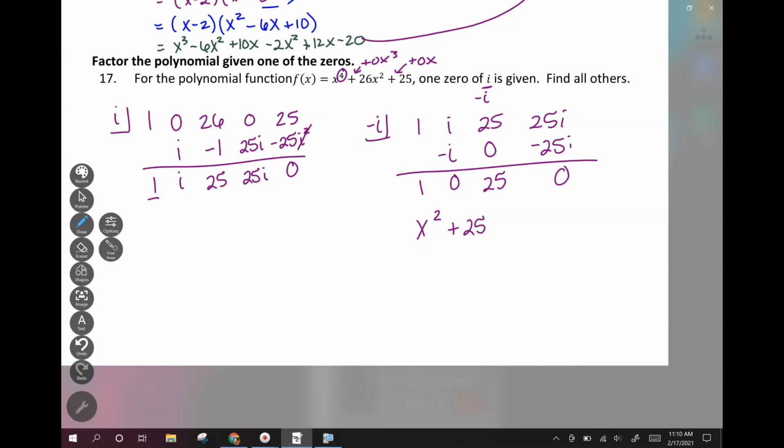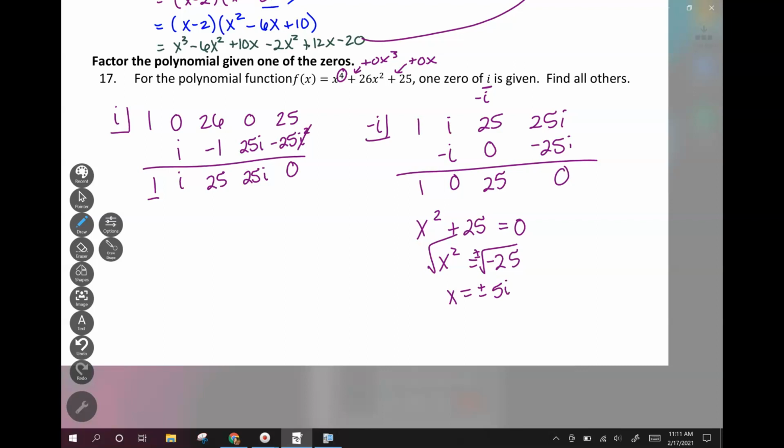And we can't factor that, but we can set that equal to 0 and solve for x. So x squared equals -25, square root, plus or minus. And the square root of 25 is 5, and the square root of that negative gives you an i. So those are your other two zeros.